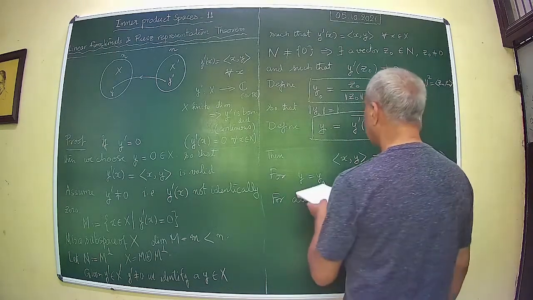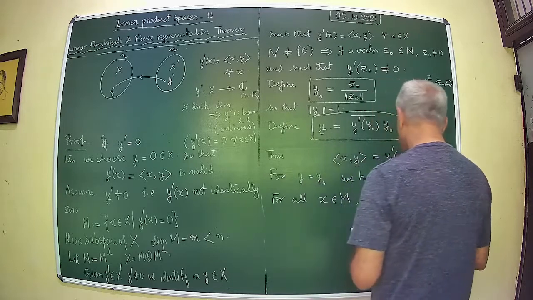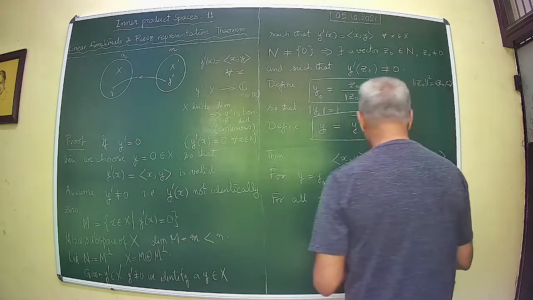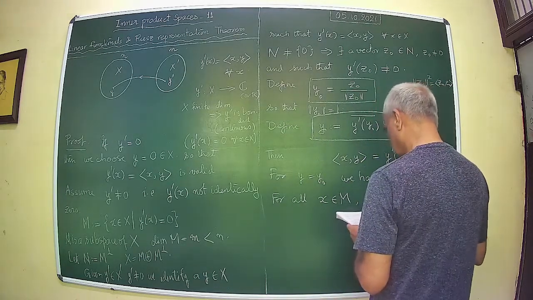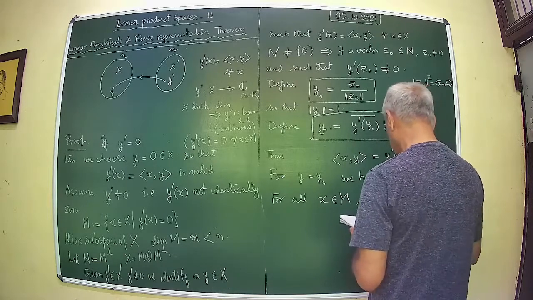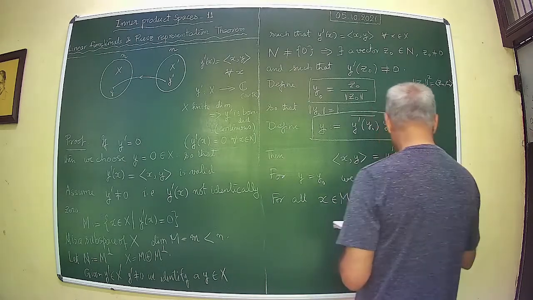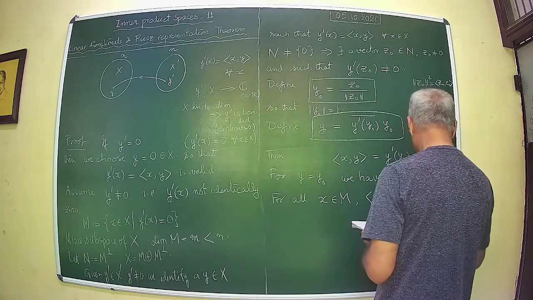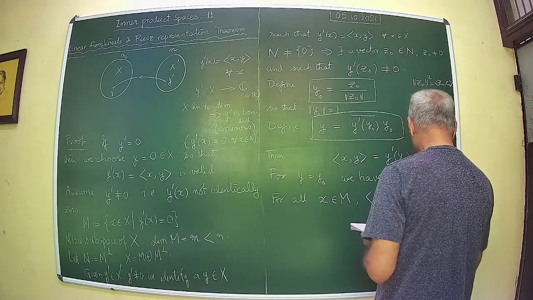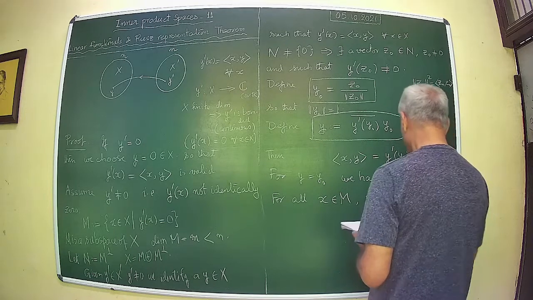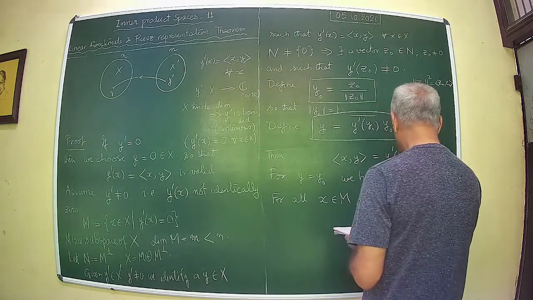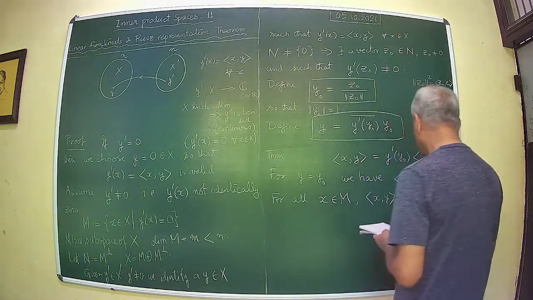Okay, how did we choose y naught? Y naught is in M perp. So x in M and y belonging to, see, y belongs to M perp, xy equal to 0, but this is true. Why?